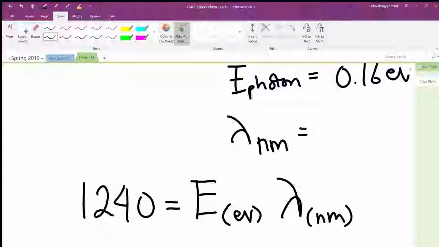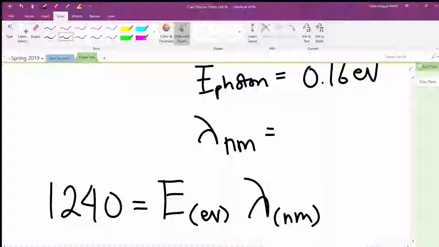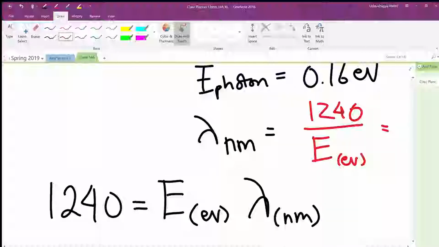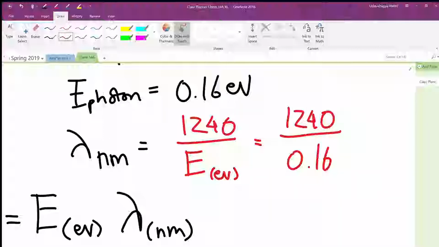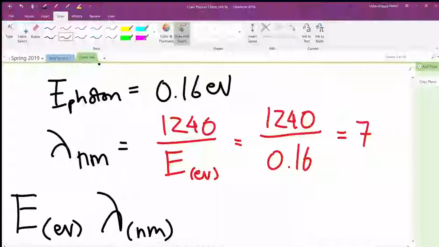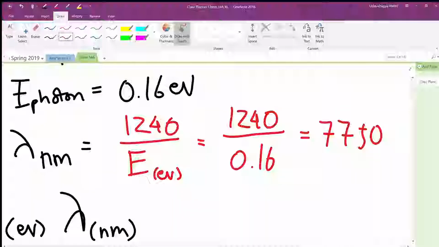So algebraically, if I want to solve for lambda, the wavelength, this is going to be equal to 1240 divided by the energy, as long as the unit is in electron volts. So if we have a photon of 0.16 electron volts, the wavelength of that photon is equal to 1240 divided by 0.16. So it's just a really convenient conversion factor. This comes out to 7,750 nanometers.